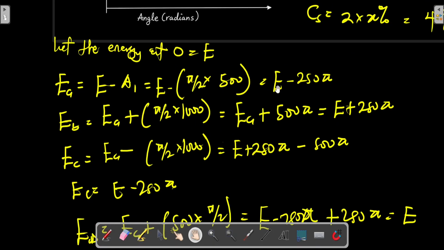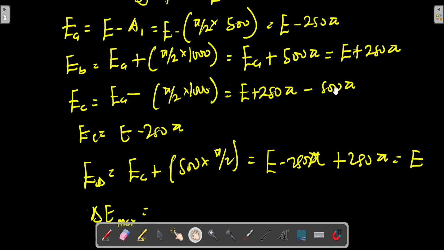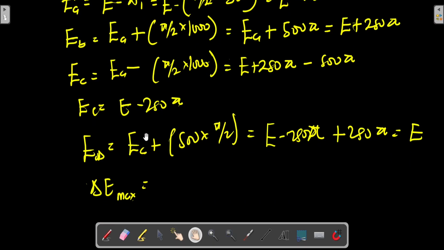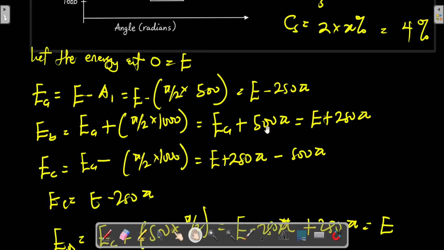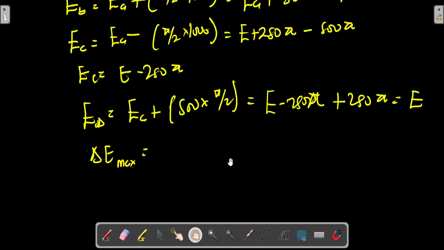EA is E minus 250 pi, EB is E plus 250 pi, EC is E minus 250 pi, and ED is E. So I think EB is the maximum, which is E plus 250 pi.